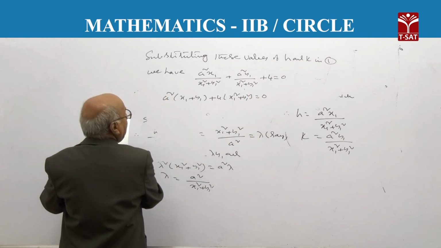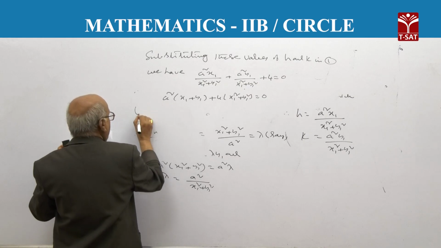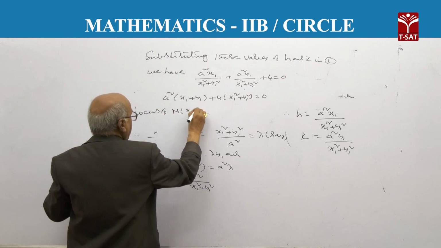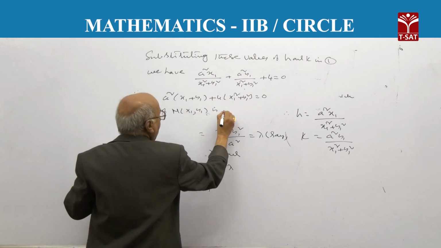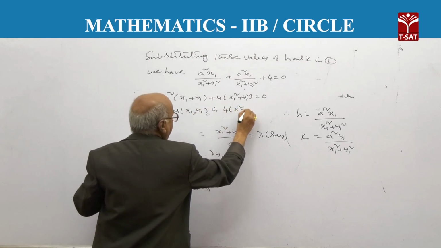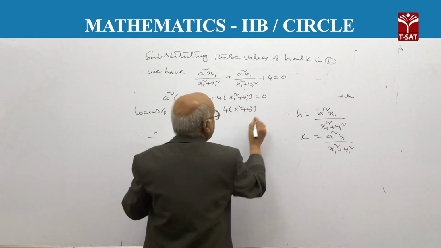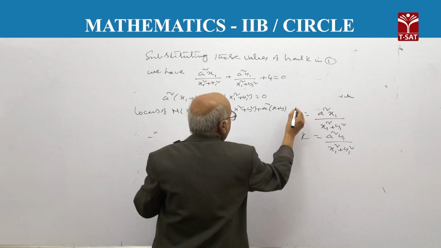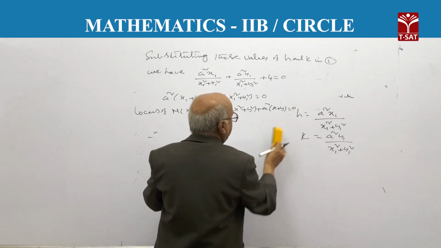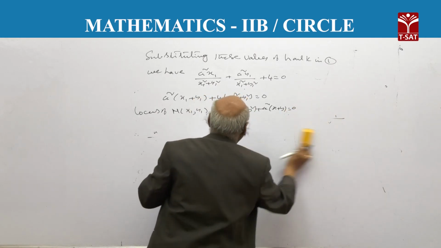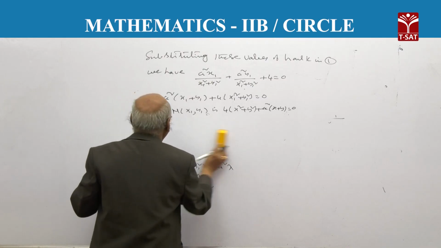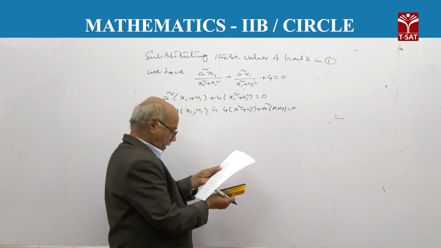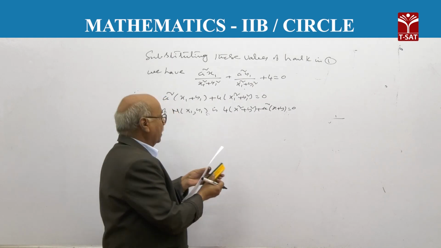So therefore, locus of M(x1, y1) is 4 into (x square plus y square) plus a square into (x plus y) is equal to 0. So that is the locus of the point M(x1, y1). So the correct option is 4.